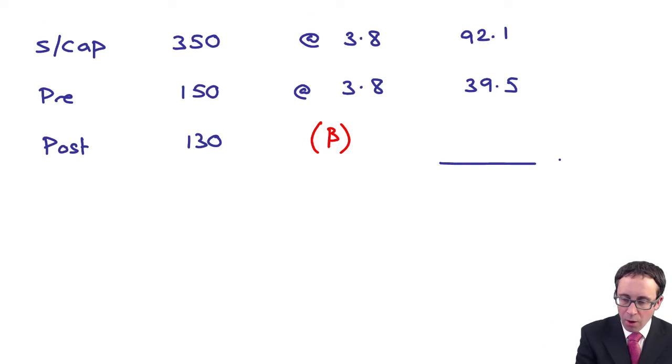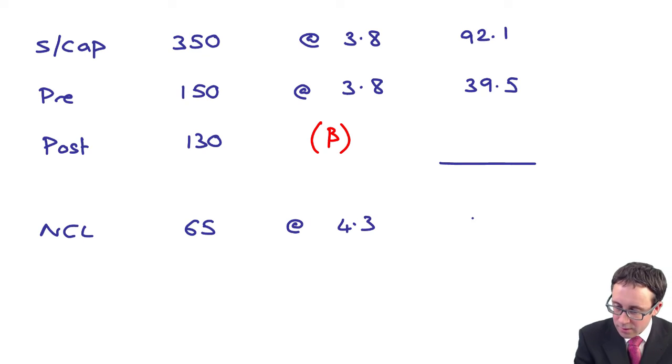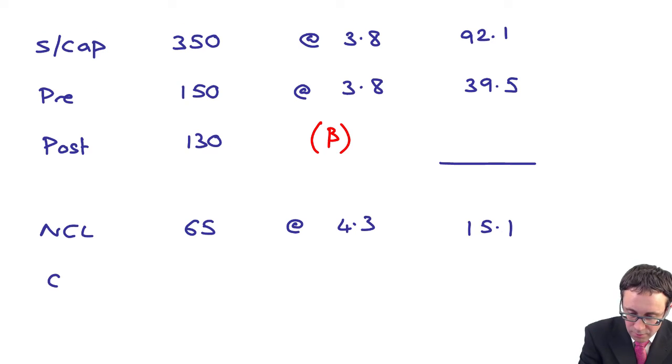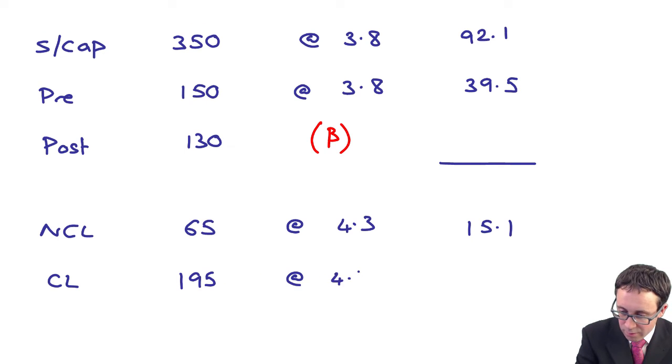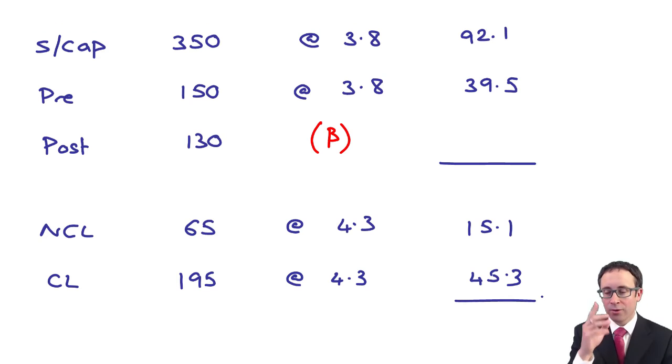Okay. What we've then got as well is your non-current liabilities, where there is 65. Again, that can be at a rate of 4.3. So does that give me 15.1? So remember that the closing rate. Current liabilities are at 195. Translate that at the 4.3 closing rate gives me 45.3.